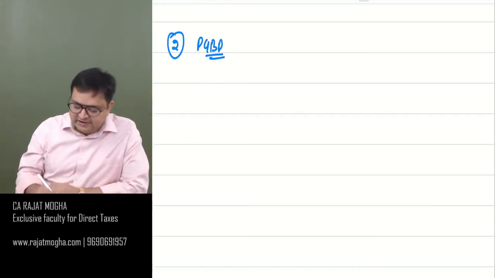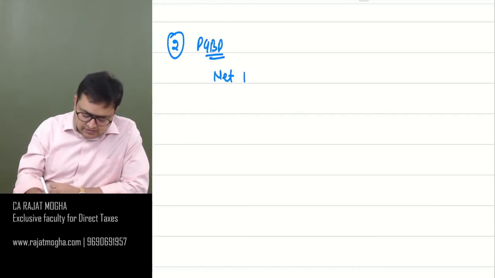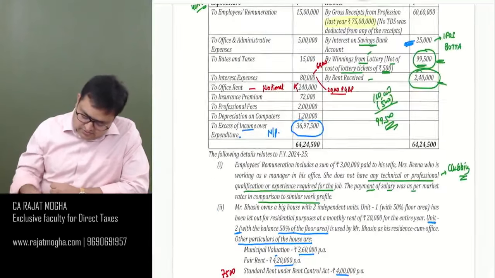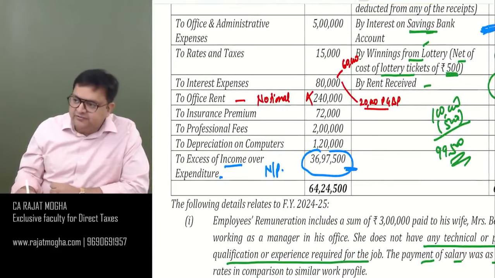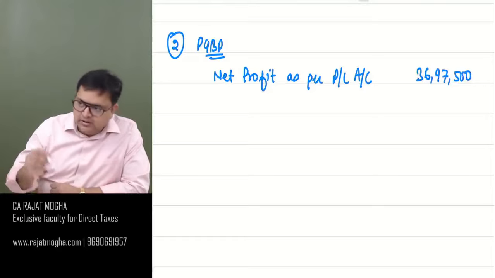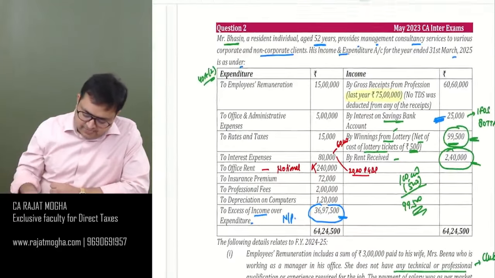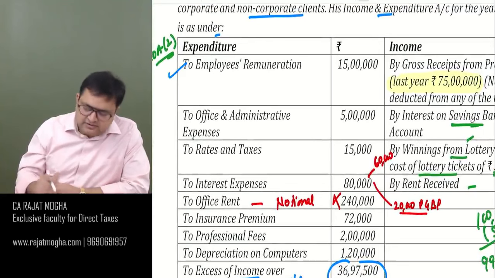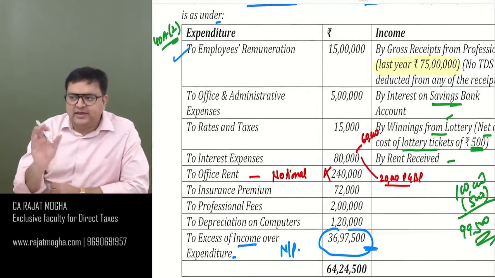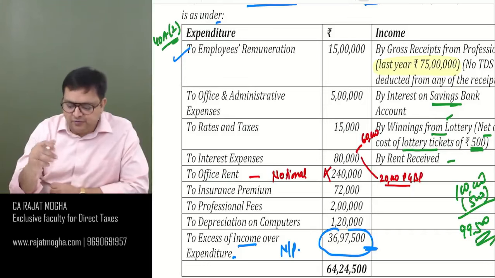So let's start with net profit as per P&L account: 36,97,500. We'll look at our debit side. Employee remuneration. As of now, we are just looking at our debit side. I'm not taking any of the information that I'll take in step number 4.